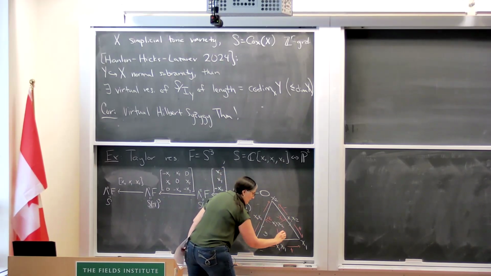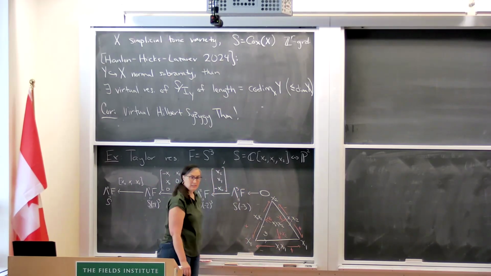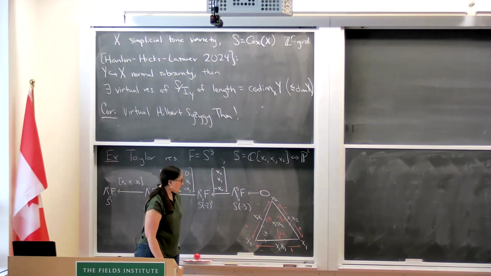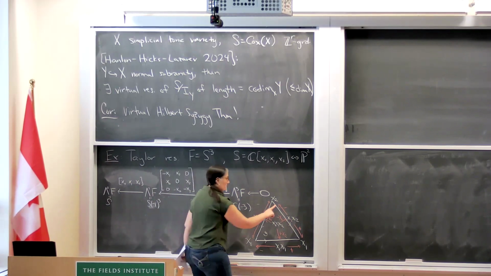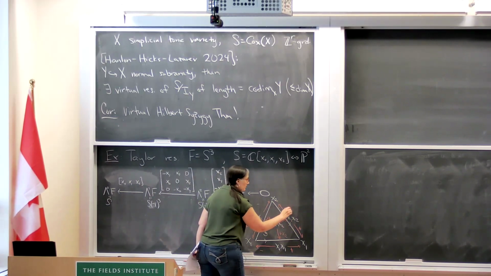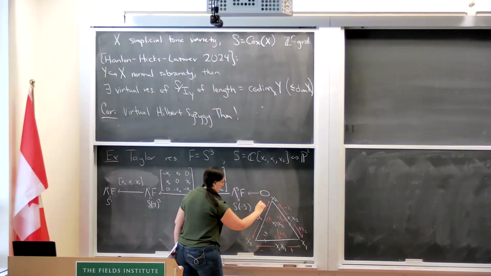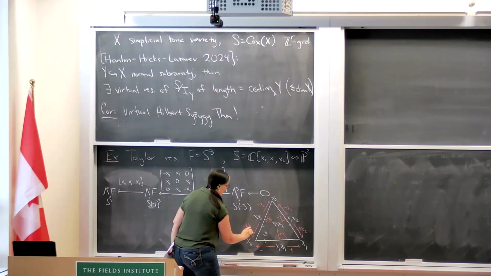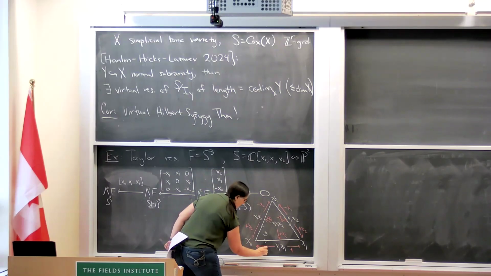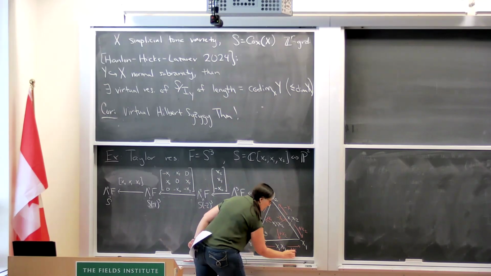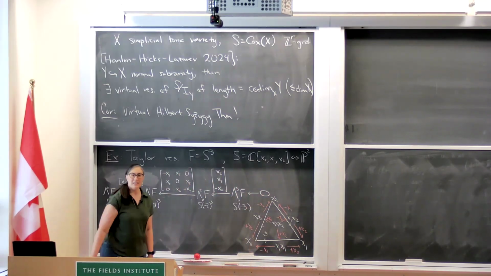And here, x2 is left. And similarly, along this edge, x1, x2 divided by x2 gives me an x1, and here x0, x2 divided by x2 gives me x0.